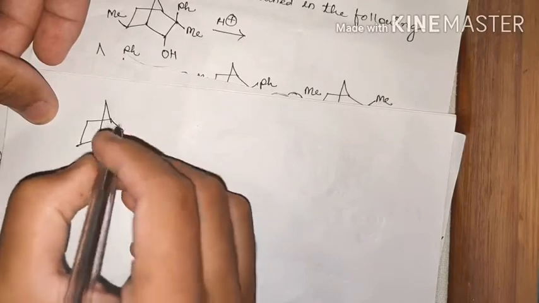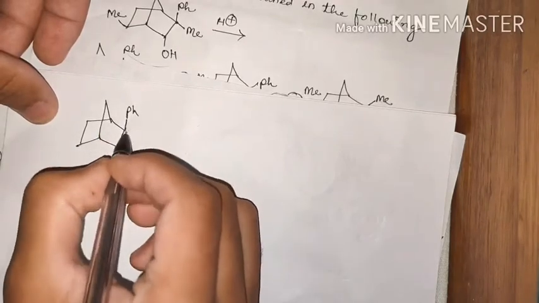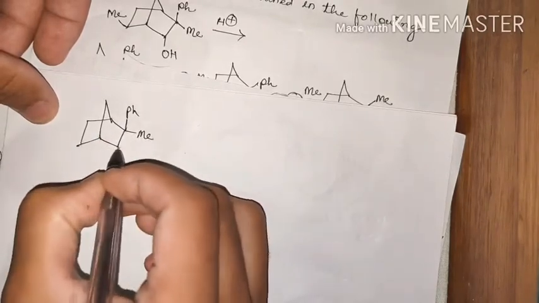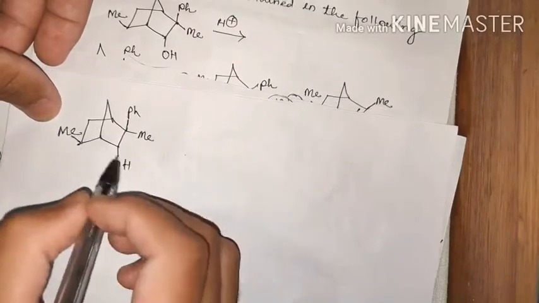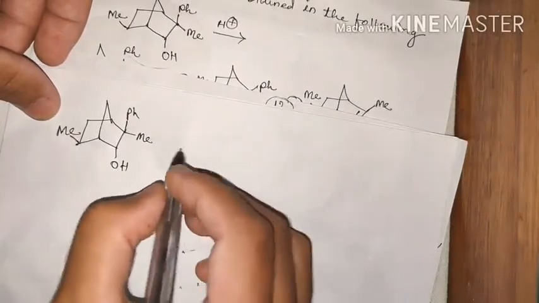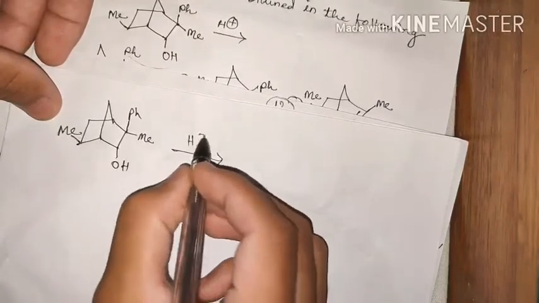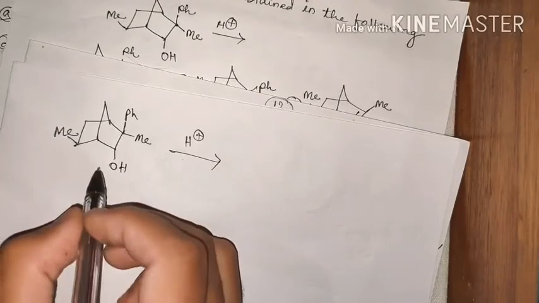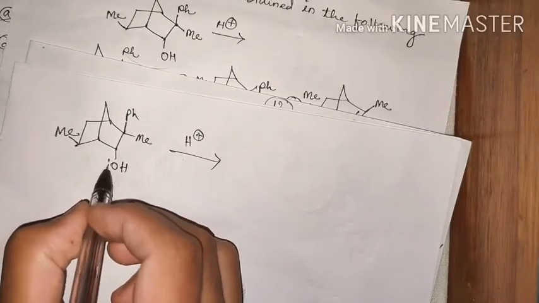So first we will draw the reactant. So this is our reactant. Okay, by treating with acid, what will happen? We know this is an oxygen. Oxygen means there are lone pairs of electrons.